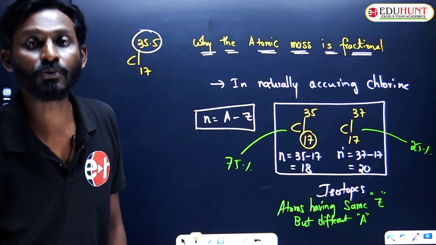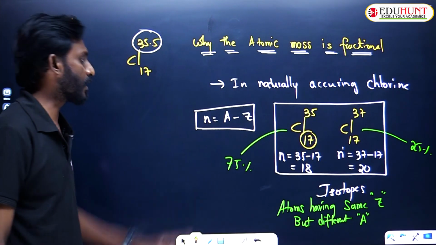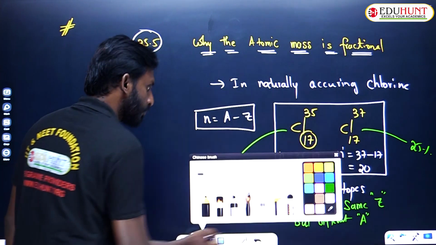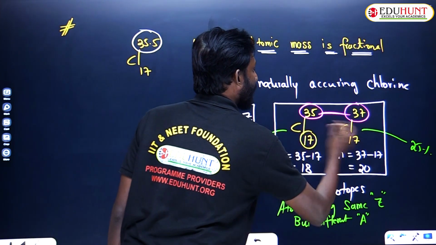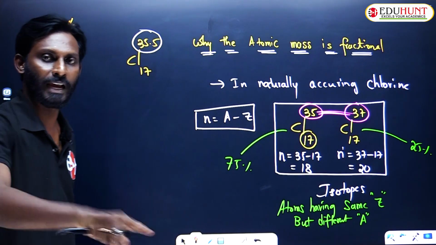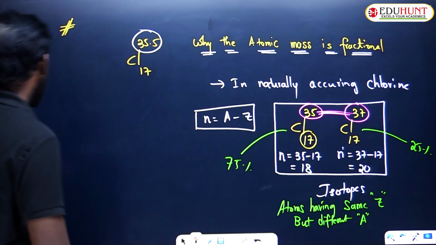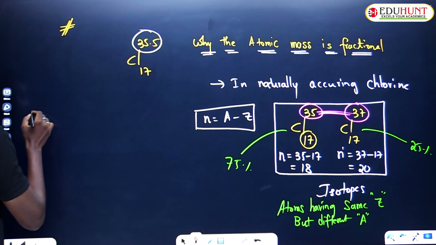So what you have to do, if I ask you the mass of the chlorine atom, you have to take the average mass of both kinds of atoms. Okay, so that is called average atomic mass.